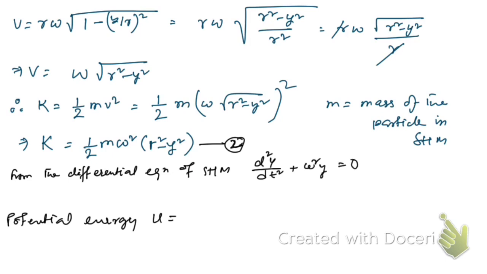That's what we have got, right? So this implies d square y by dt square is equal to minus omega square y.